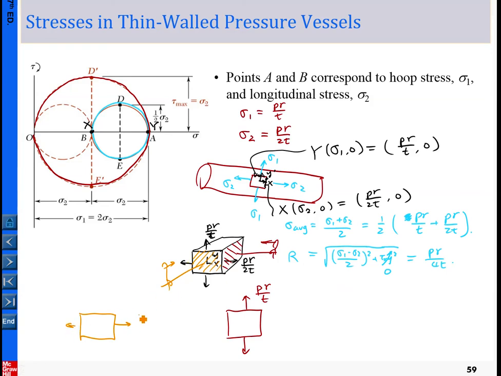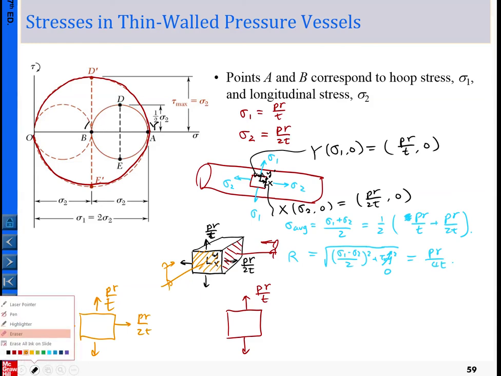So in front of you, this is PR over 2T and PR over 2T, and this one is PR over T. Okay, so that one basically is the circle. Let me change color. Okay, since I have done so, let me get everything repeated. Then the third one, let me use this color.